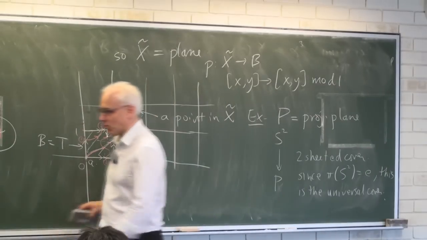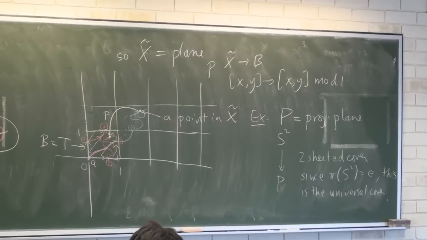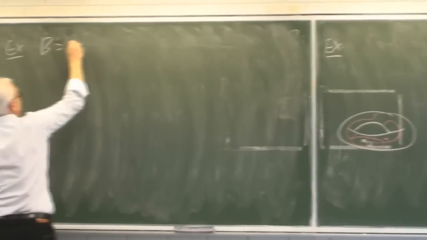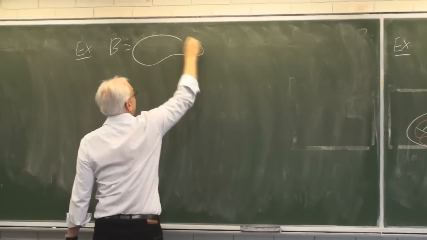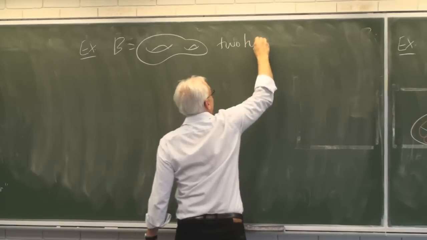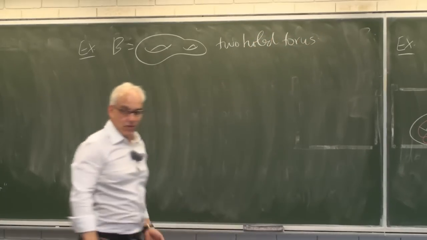And what about a two-hole torus or a three-hole torus? So what happens if the base space is a two-hole torus? What is the universal cover of that?